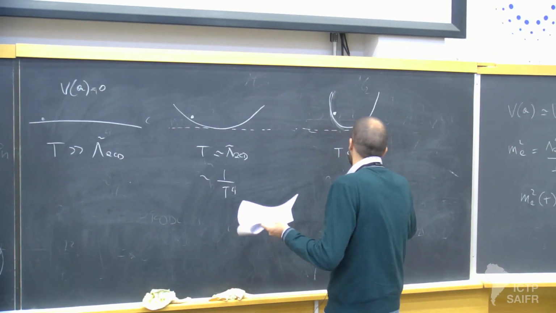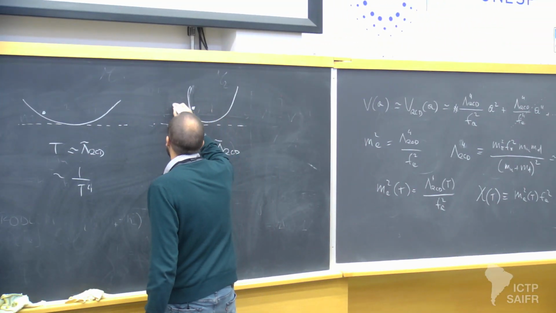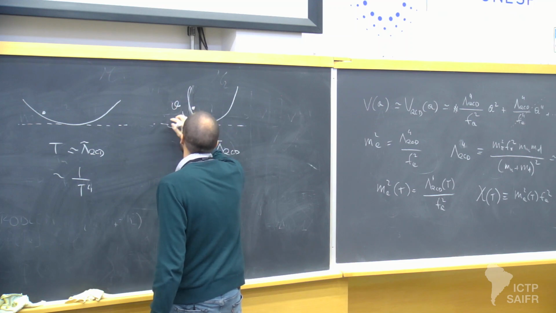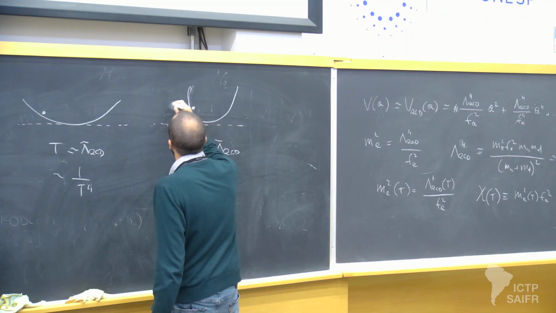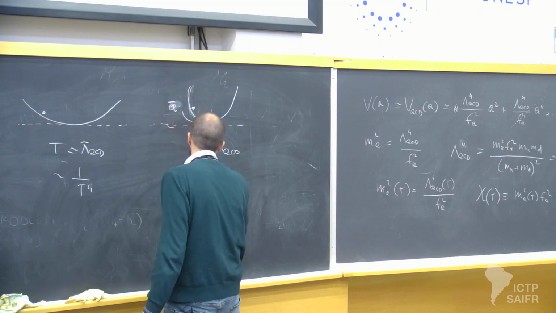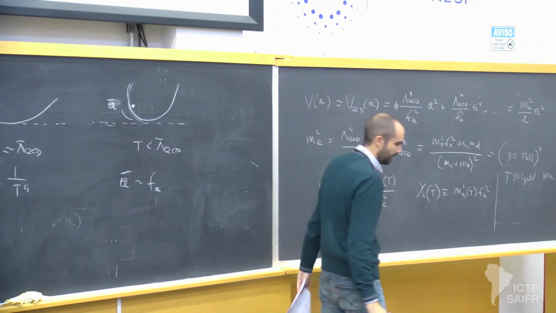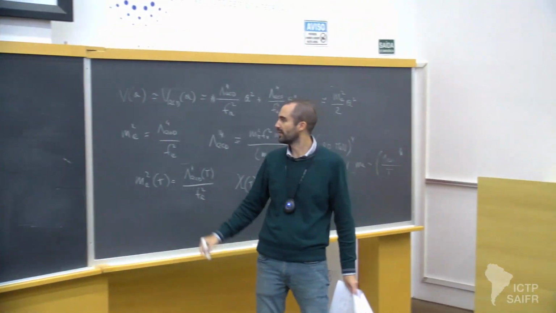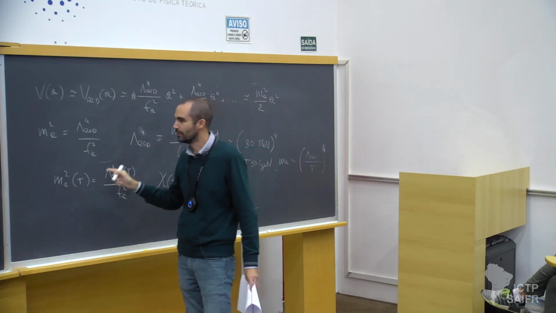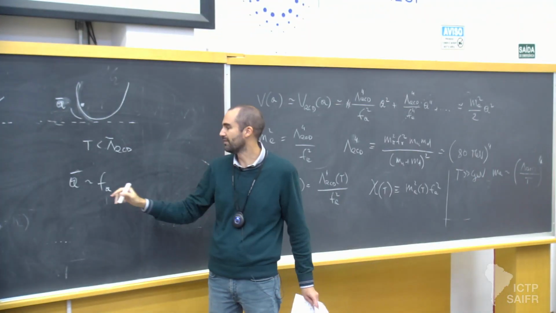In general, just based on dimensional analysis, you expect this misalignment, which I'm going to call A bar, to be of order FA, because this is the typical scale of the potential. If you take derivatives of this potential, you'll see that the scale over which the potential changes at order 1 is FA.